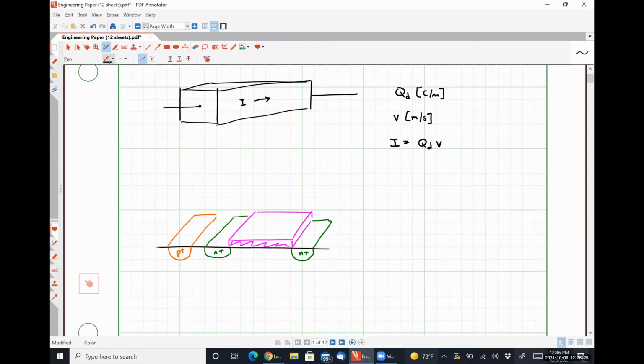And let's assume that our body terminal is at ground so that we don't have any body effects to worry about. Our source terminal is also at ground.